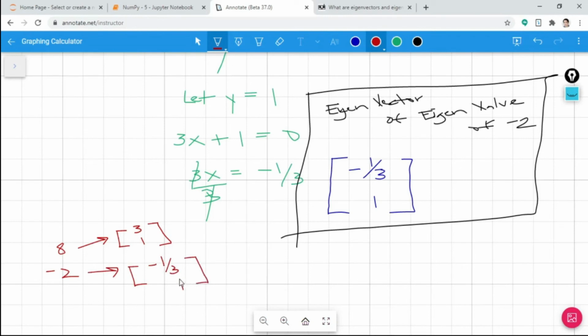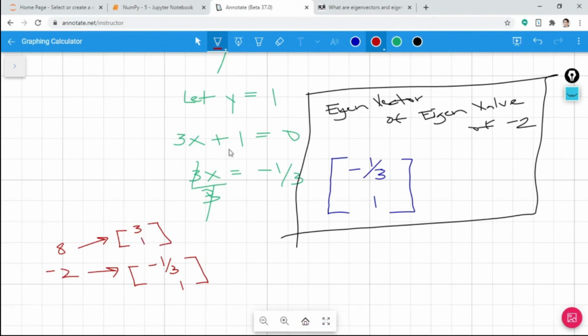Again, I'm reminding you there are infinite values for the eigenvectors, because we assume here. If you assume let y equals 2, then that's also a legal eigenvector. Most practices use 1, most common, but any value will do. Then let's check if this one is correct.